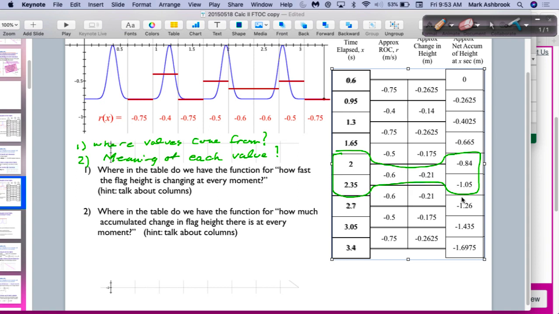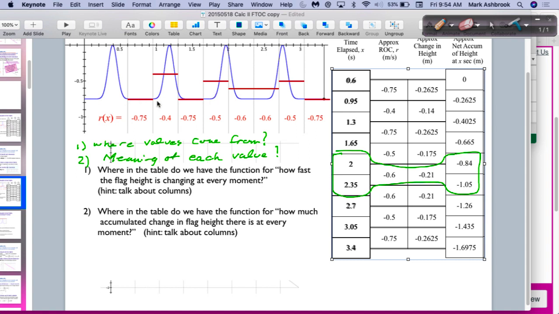So all of these values are keeping the running total of how much the height has decreased. All of them are since 0.6, and that's why we got these values by adding up all the previous changes, or previous variations in height. Okay, does that make sense? Any questions? So we started with the actual rate, the real rate function, the blue graph.